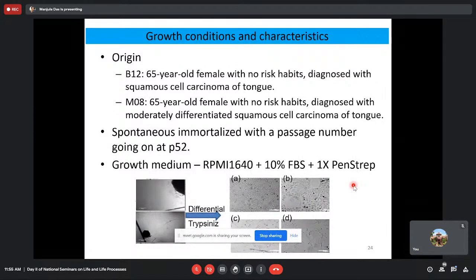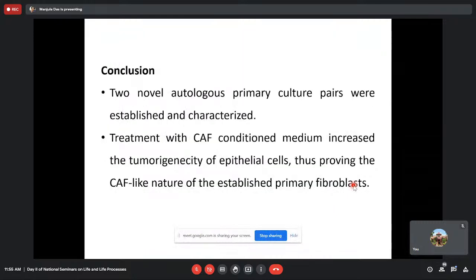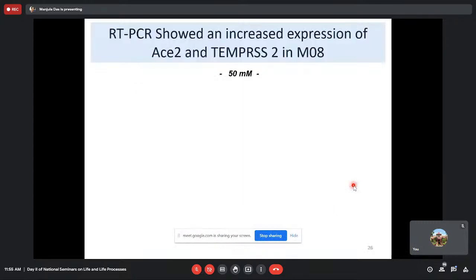They were diagnosed with squamous cell carcinoma, and M08 is one more patient, a similar HNSCC patient, diagnosed with moderately differentiated squamous cell carcinoma. These cells were spontaneously immortalized, and they could grow up to Passage 52. The growth medium was normal RPMI 1640.